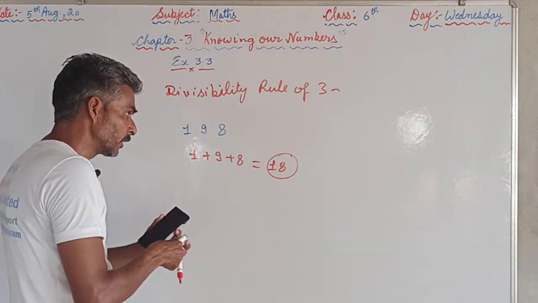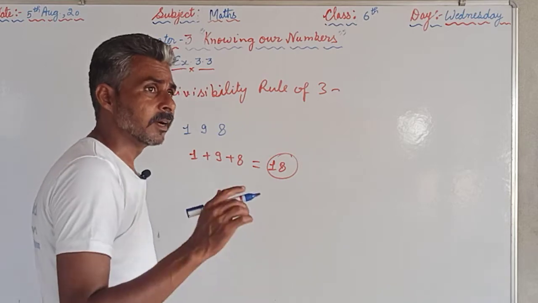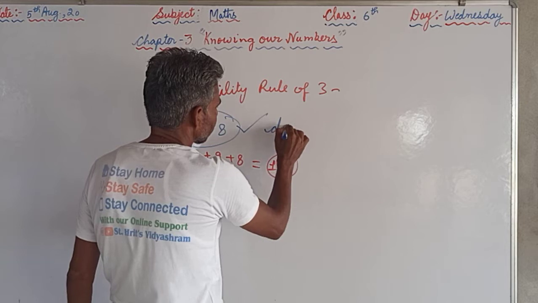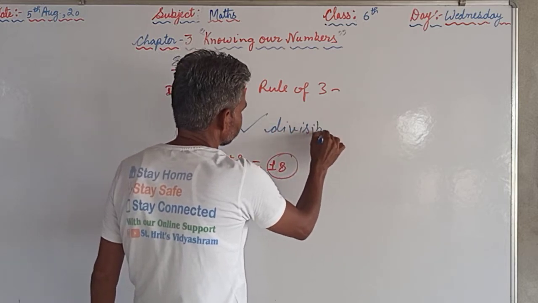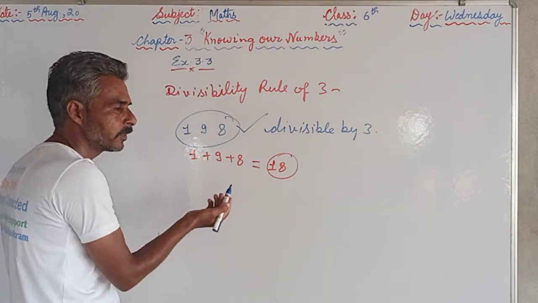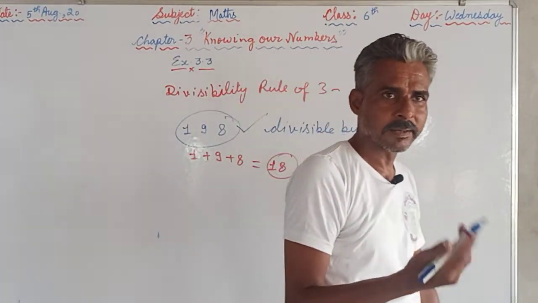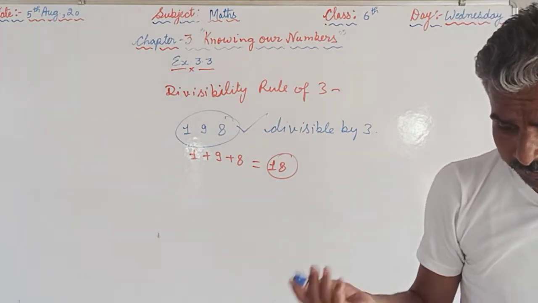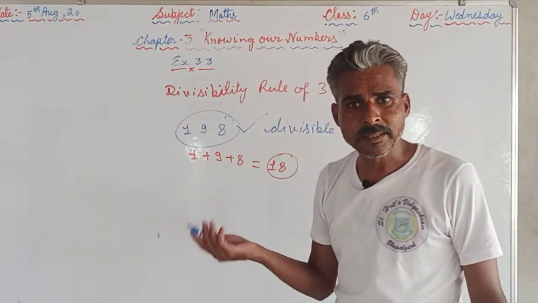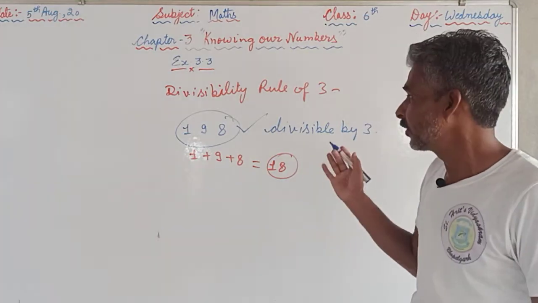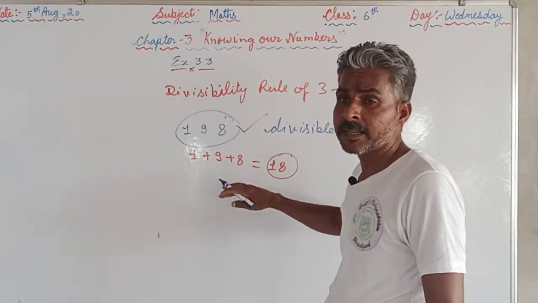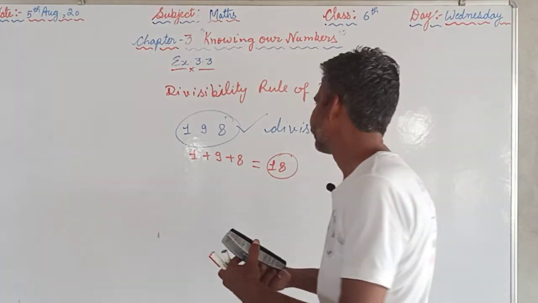Hence, if the number we get after addition is divisible by 3, then we can say the number is divisible by 3. Means if after adding we get 3, 6, 9, 12, 15, 18, 21, 24, 27, 30, 33, 36, like these numbers which are divisible by 3, then we can say the number is divisible by 3.